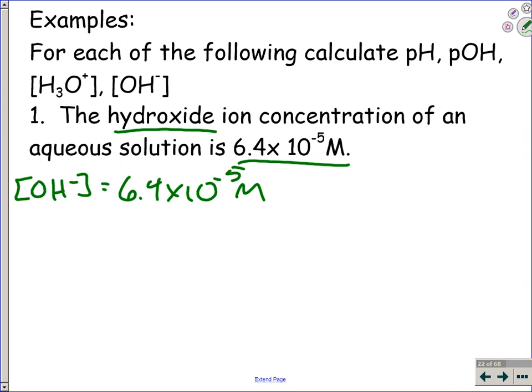Tamia's table, tell me where you guys want to go. Which other quantity do you want to solve for? Pick your poison, let's go. Well, no, what quantity? This one, this one, this one, or this one. All you have to work with is hydroxide. You can't go too crazy here. There's only 2 equations for that.